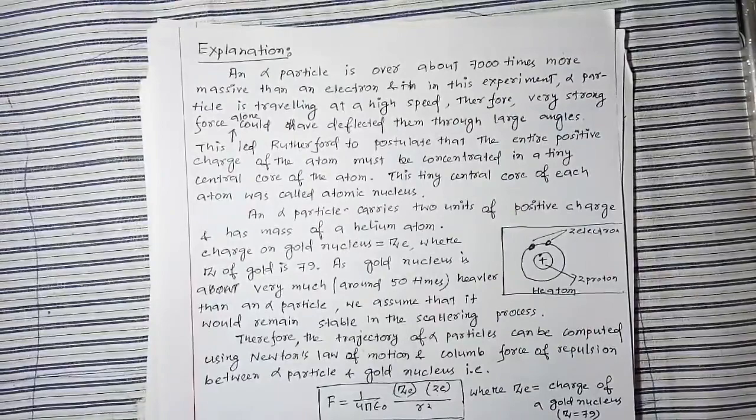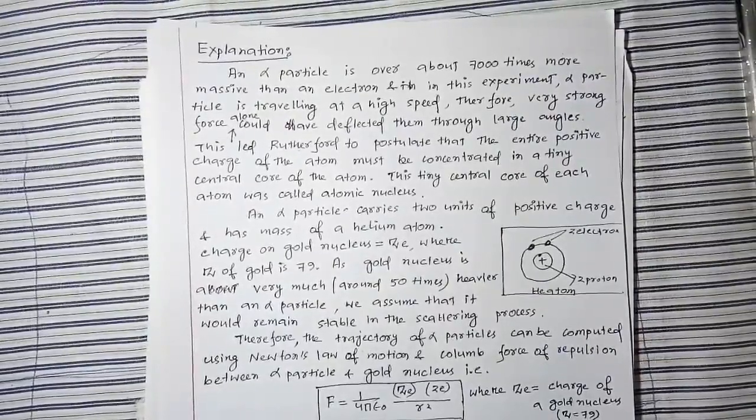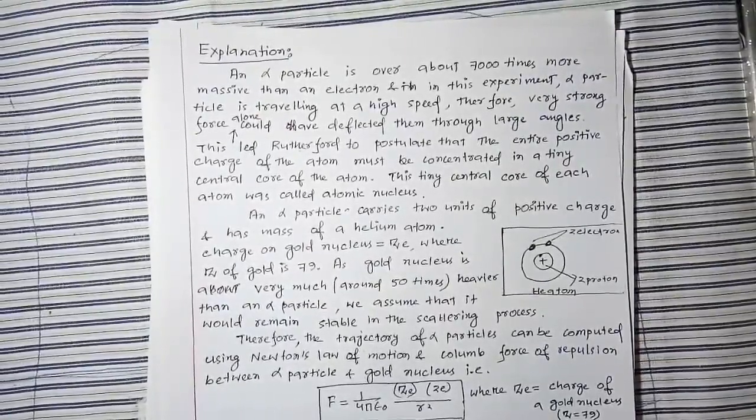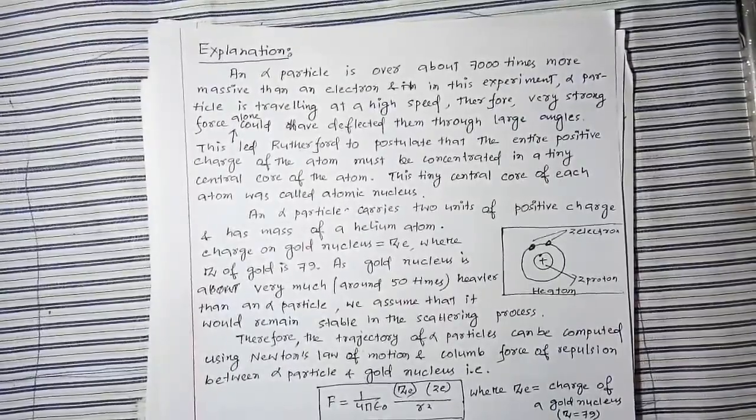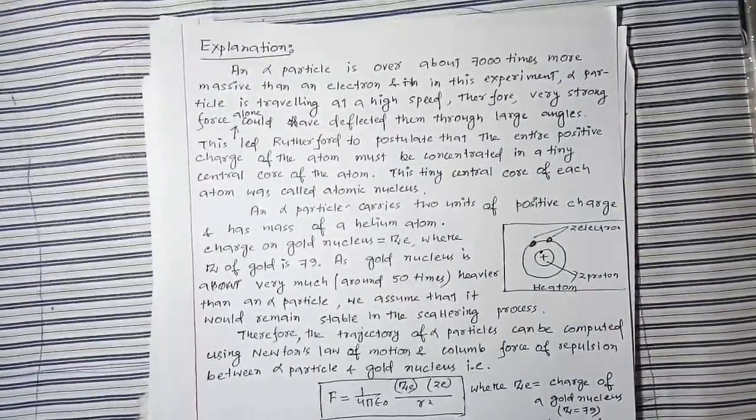And the entire positive charge of the gold atom must be concentrated at the central core of the atom, right? Why? This is because, look, let me start from the first again.